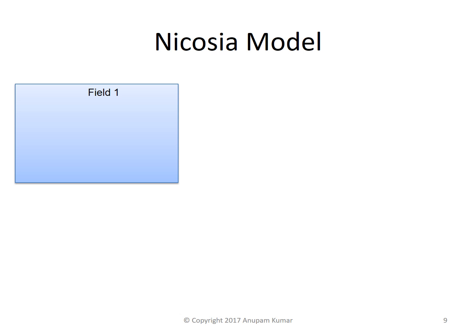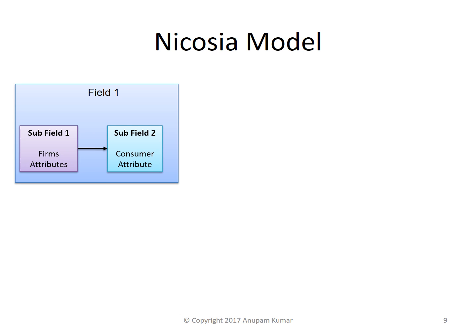We have the first field, which consists of the firm's attribute and the consumer's attribute. The message exposure from the firm is taken up by the consumer, as a result of which the consumer understands certain aspects about the same based on his own perceptions and predispositions, as a result of which he forms certain attitude about the product.